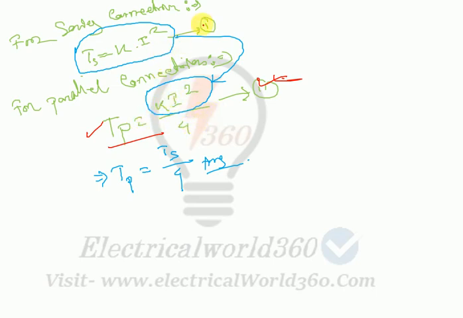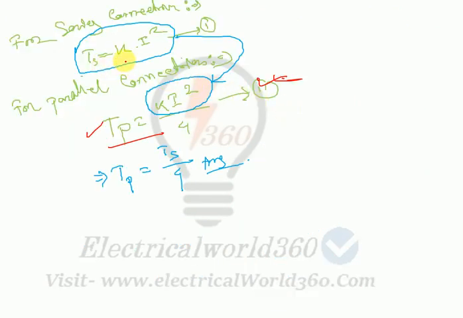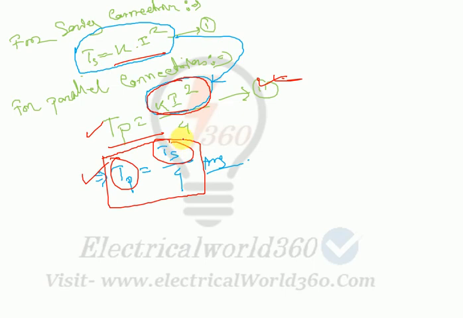As we saw in equation number 1, T equals K I square, so we can write TS, the torque for series connection, instead of K I square. From equations 1 and 2, TP is equal to TS by 4, where TP is the torque for parallel connection and TS is the torque for series connection.